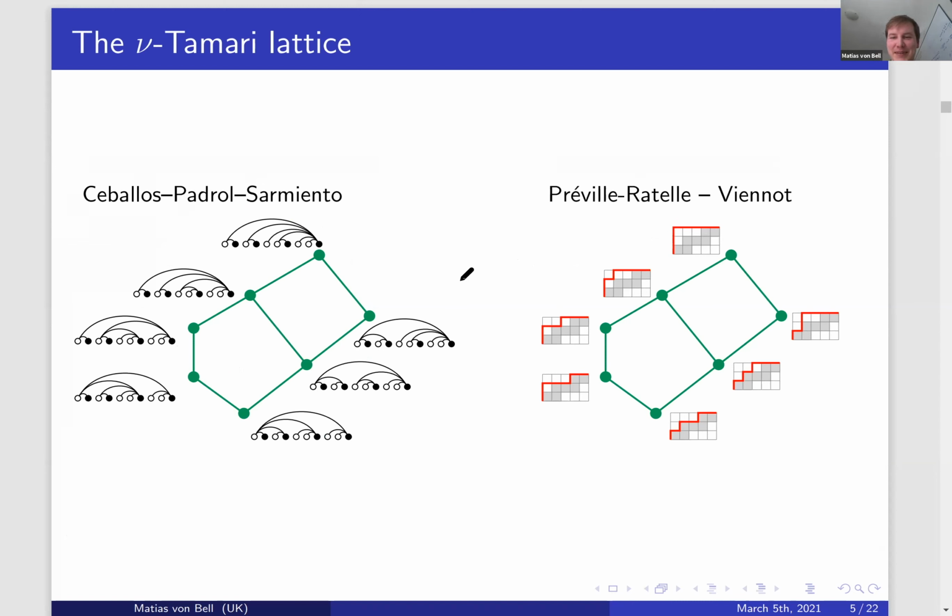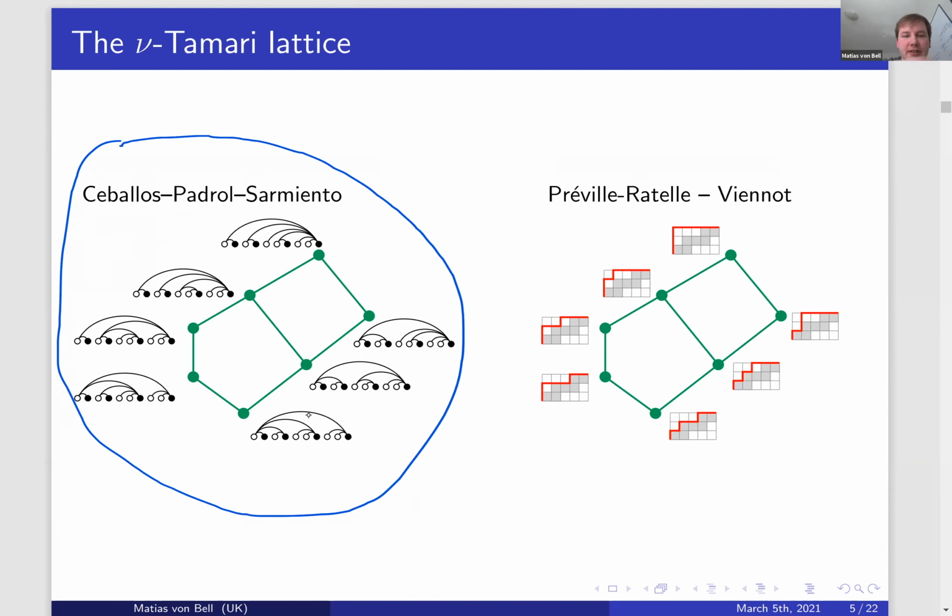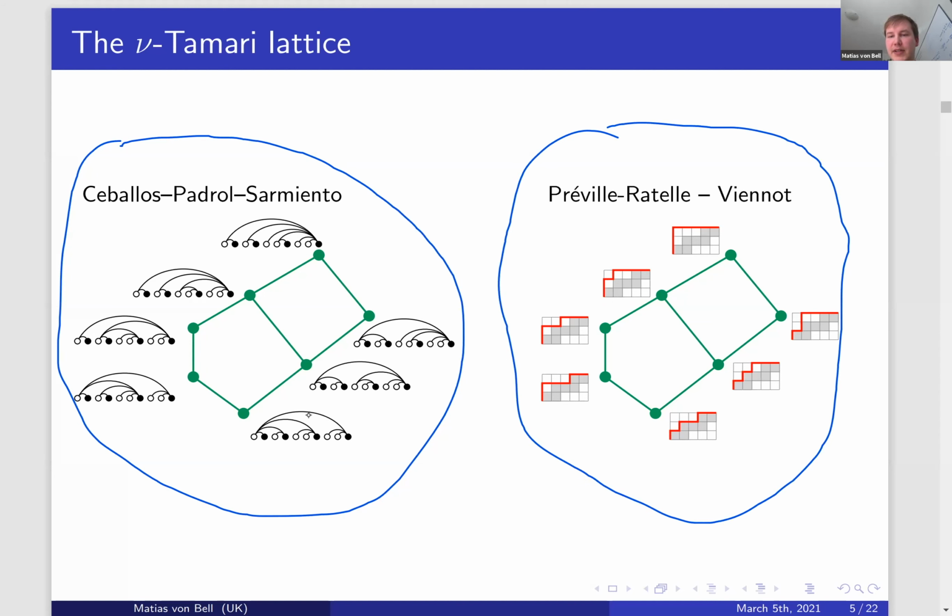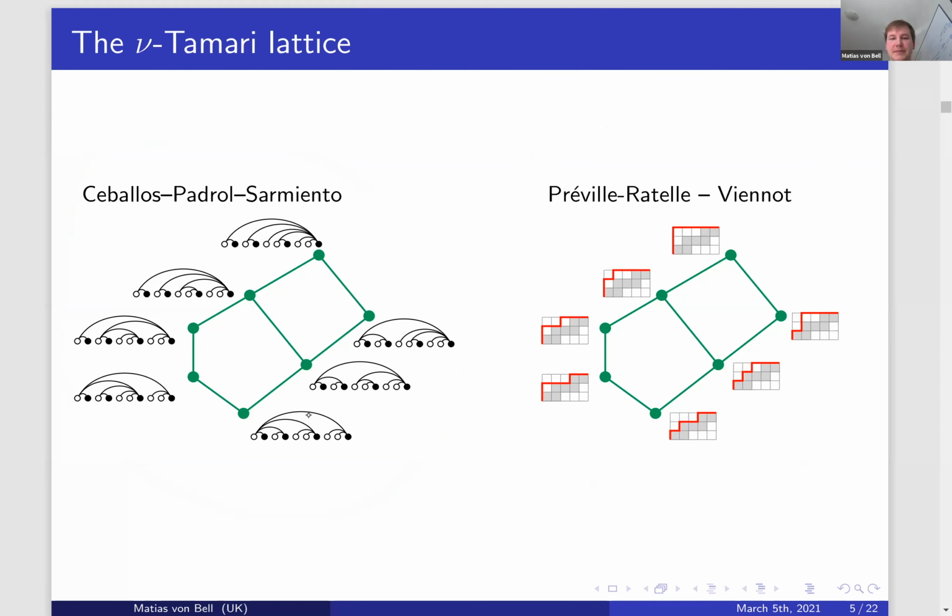So sorry to cheat you a little bit here. But here's the Ceballos, Padrol, and Sarmiento version using ij trees and the corresponding Préville-Ratelle and Viennot version on the right. There is a correspondence between objects here that's fairly natural, but takes a second to explain. So I decided to omit it.